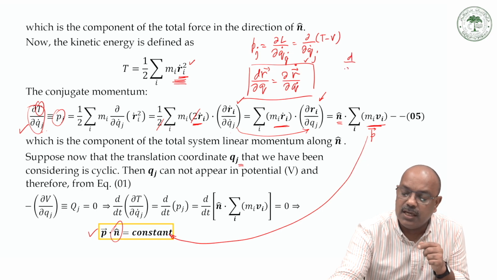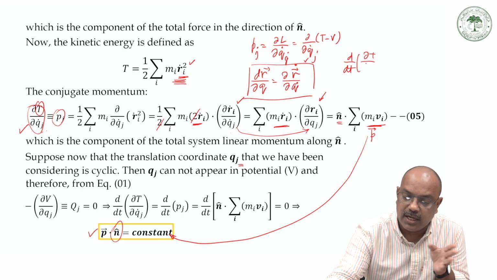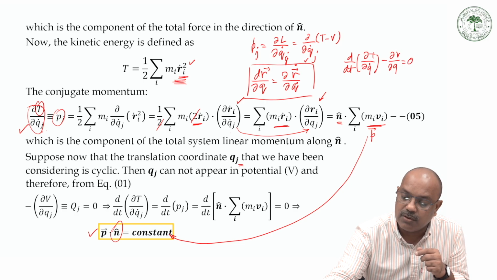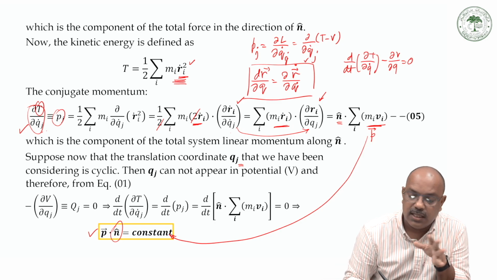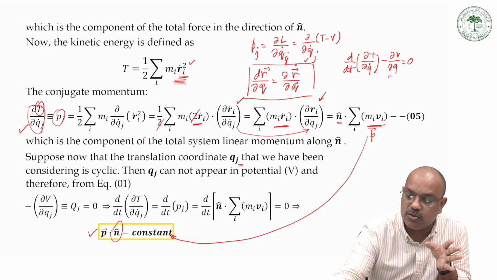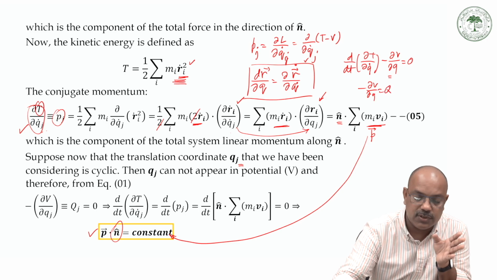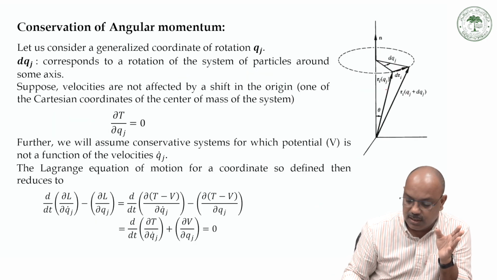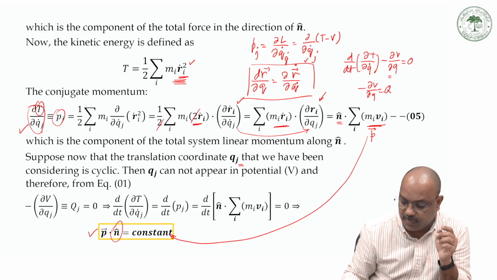So I have d/dt of delta T upon delta q dot minus delta V upon delta q equal to 0. If q_j is cyclic, then minus delta V upon delta q is going to be my force, as already considered, because q_j is cyclic.